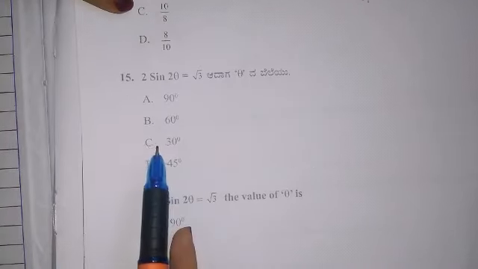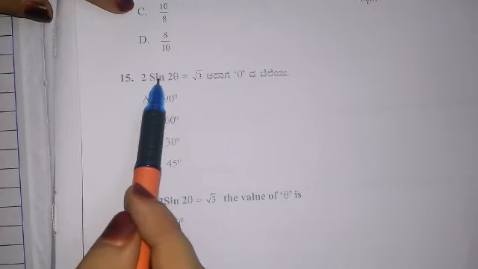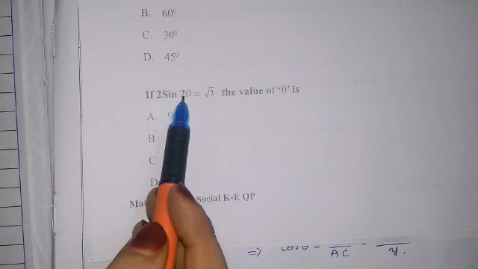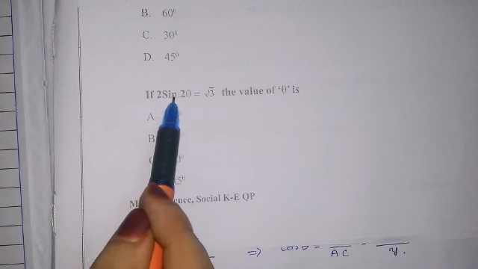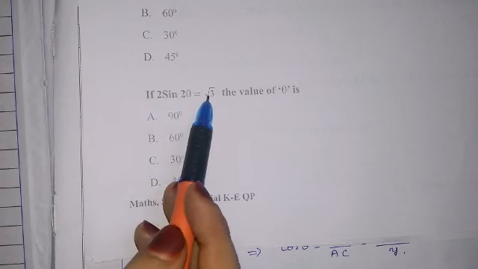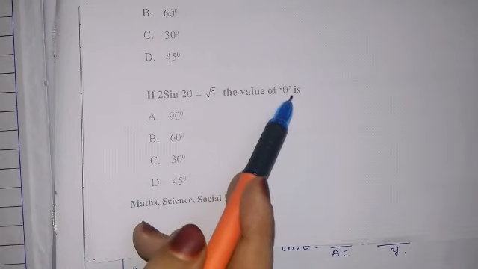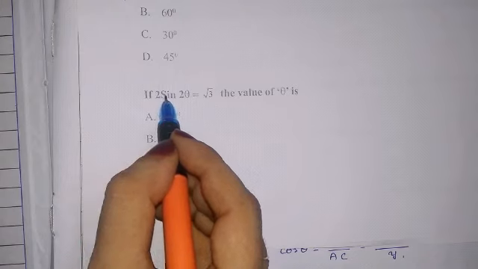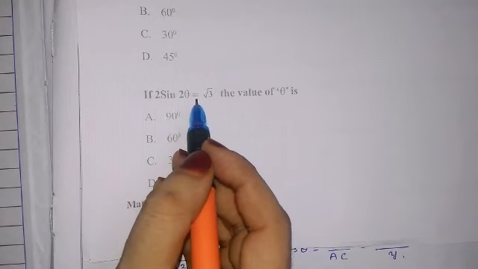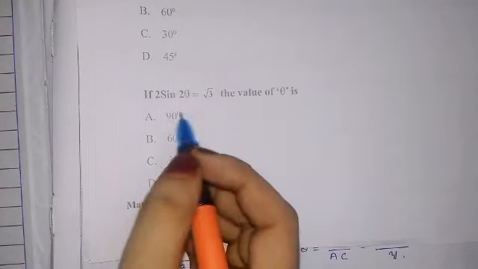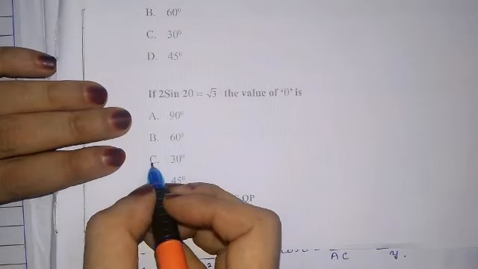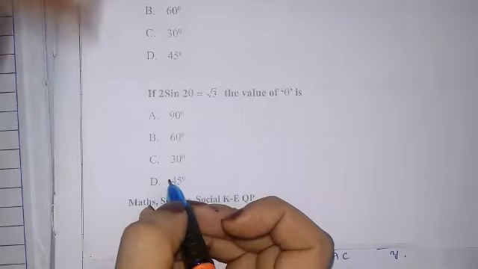So now question number 15. If 2 sine 2 theta is equal to root 3, the value of theta is: option A 90, option B 60 degrees, C 30 degrees and D 45 degrees.